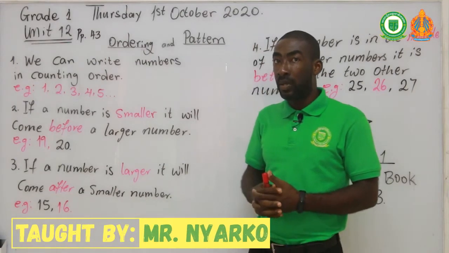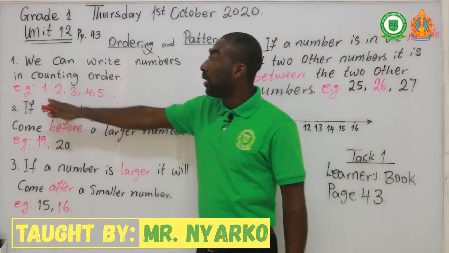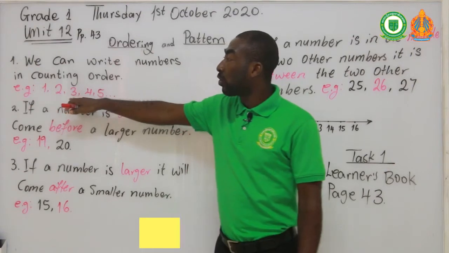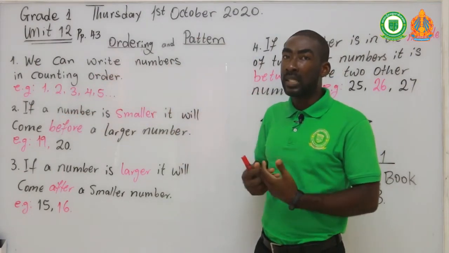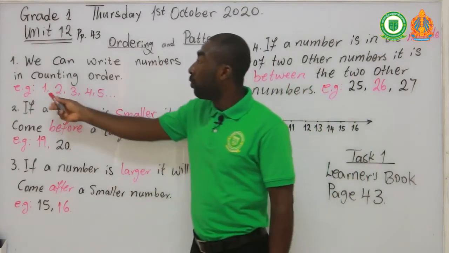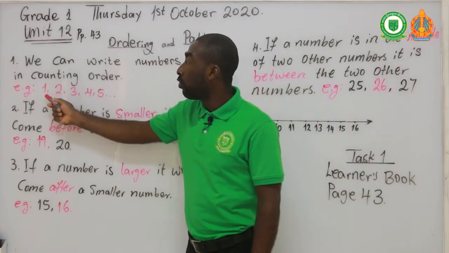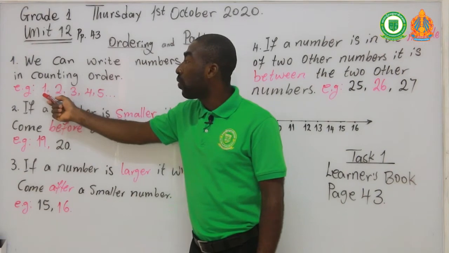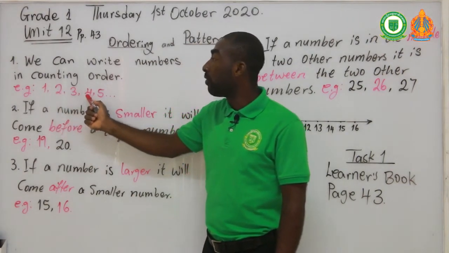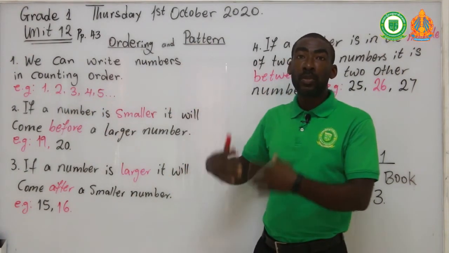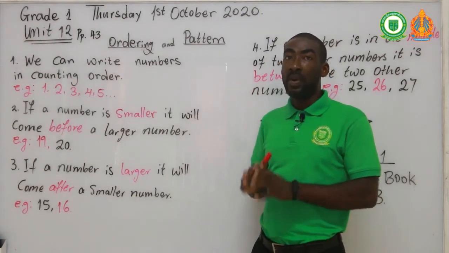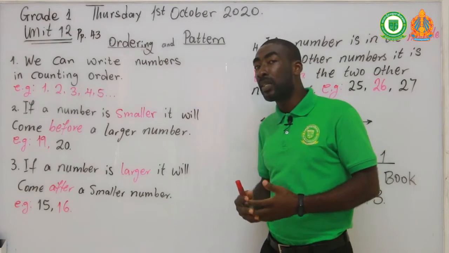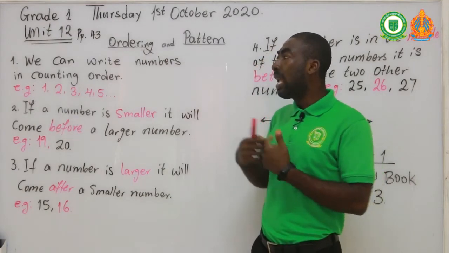Whenever you are counting, you start from the smallest and it continues up to the bigger number that you are dealing with. And there is no break, okay? That means you don't skip any number. That means 1, you go to 2, you go to 3, you go to 4, 5, and it continues like that, okay? That means you are doing our usual normal counting of numbers.